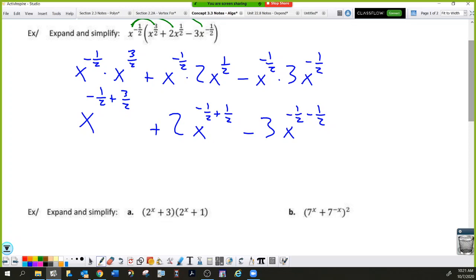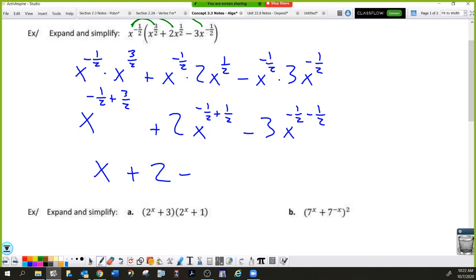What is negative 1/2 plus 3/2? Yeah, it's going to give me 2/2, right? So it's just 1. This is x to the first power. Plus, what's negative 1/2 plus 1/2? 0. But what does x to the 0 equal? 1. So this is just plus 2. And then this last one, minus, negative 1/2 minus 1/2.